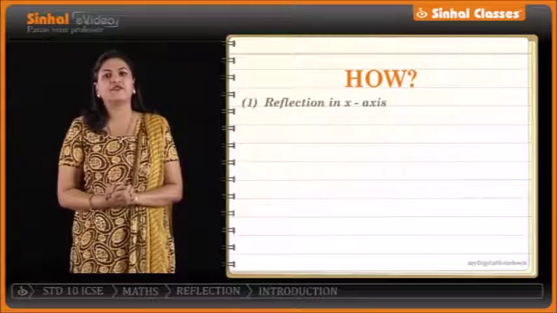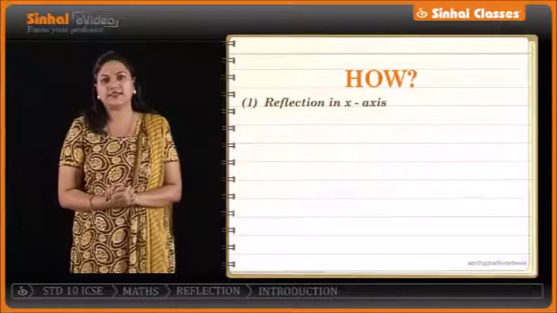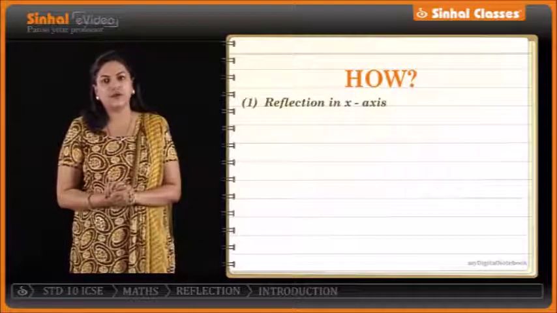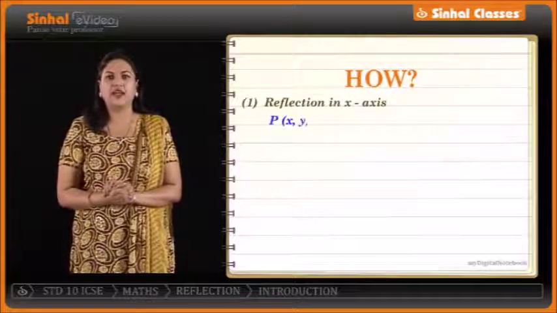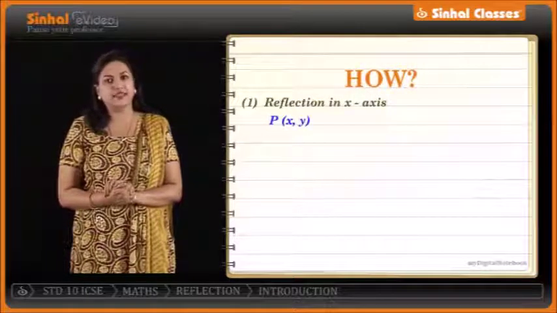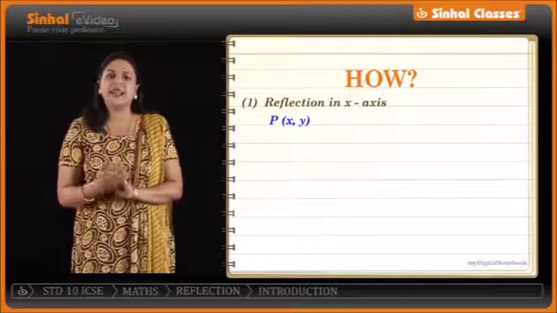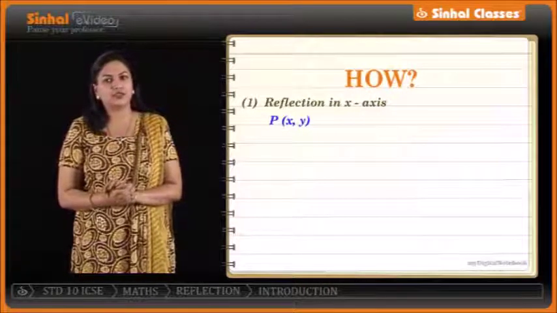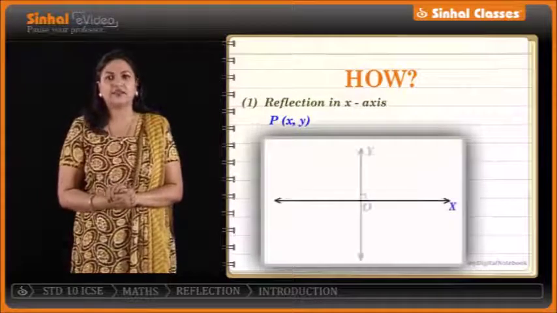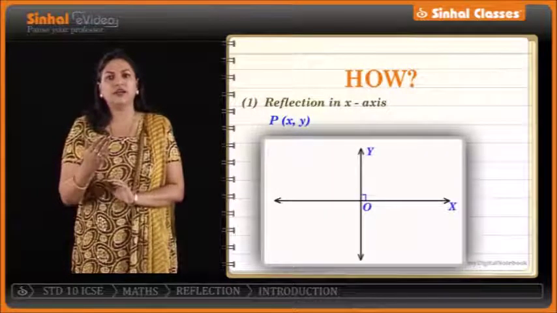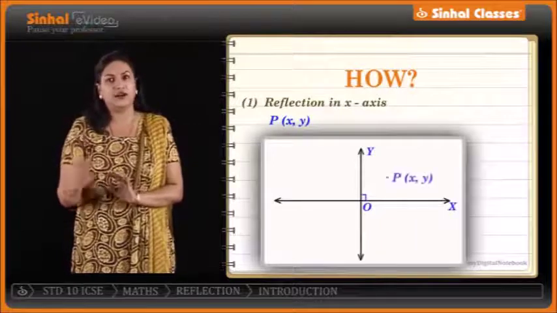We have reflection in the x-axis. Let us take a point P with coordinates x, y. We want to reflect this in the x-axis. Let's first take a graph sheet to do this. We draw the x-axis and the y-axis. We mark any point P on the graph.